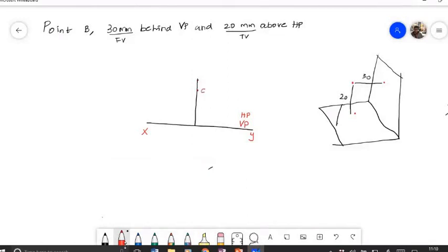So this will be my front view, that is A dash. And the 30 mm line will be visible in the top view. So that will be my A. Sorry, the name of this line is B, right? So this point will be my B dash and this will be my B. And you need to dimension this something like this.